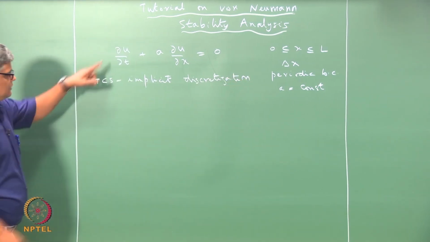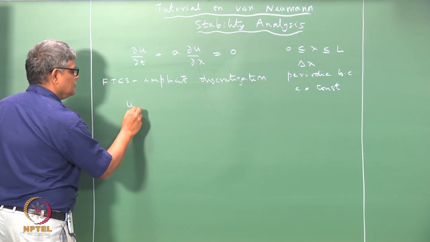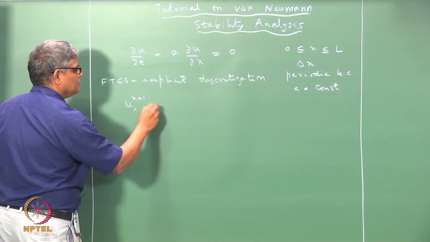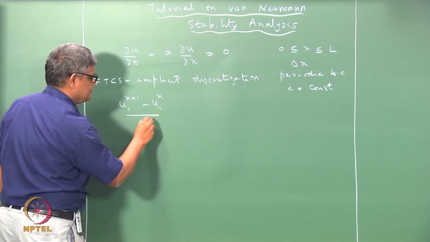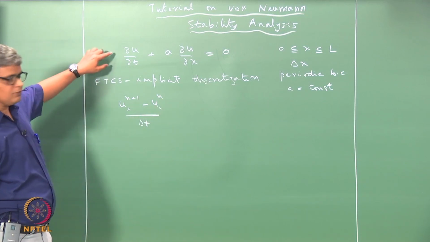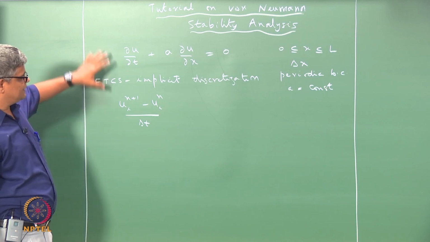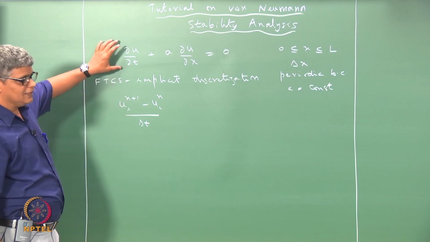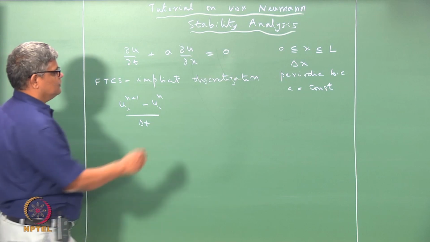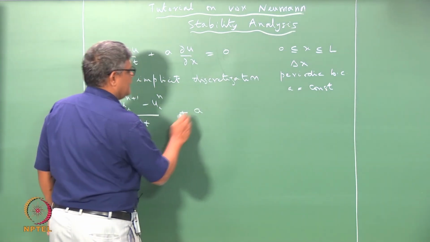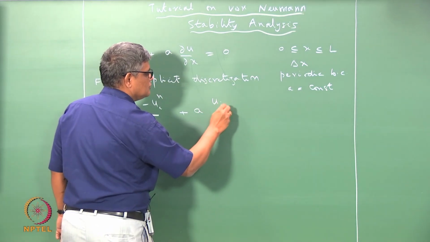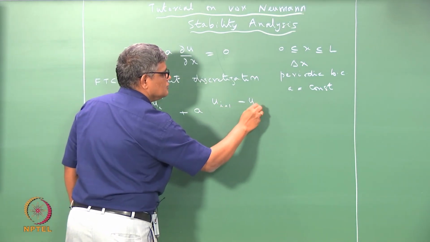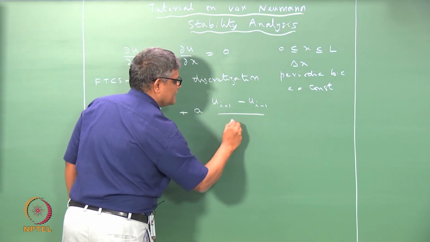Discretization, so that we can write this as u_i^(n+1) minus u_i^n by delta t is the forward discretization, forward differencing for the time derivative, plus a term central in space. So, this will be u_(i+1) minus u_(i-1) by 2 delta x.